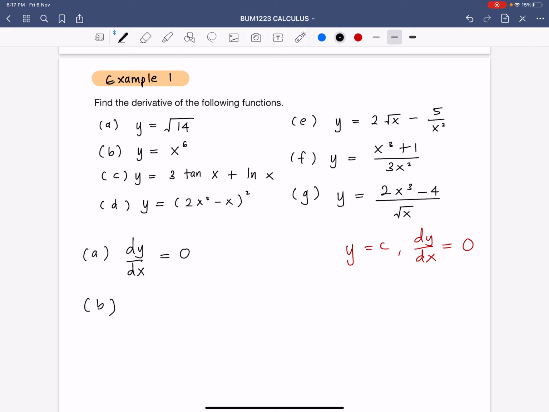Question B, we have y equals x power of 6. And we know that when y equals x power of n, then dy/dx is equal to n times x power of n minus 1.